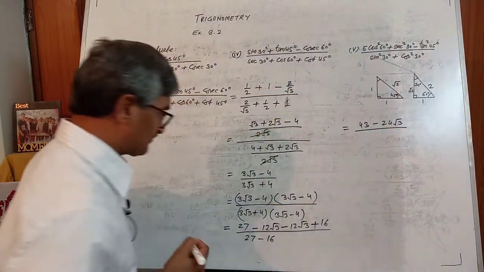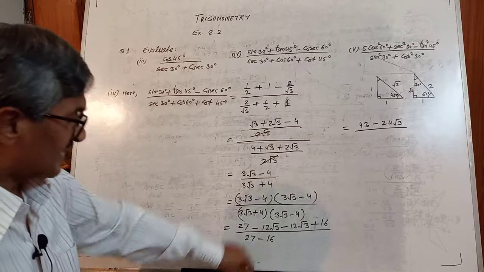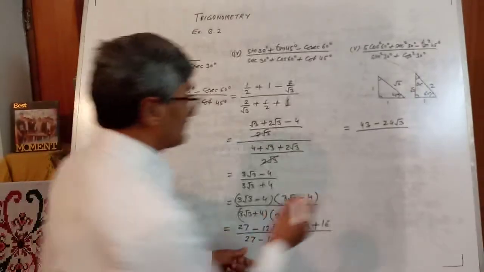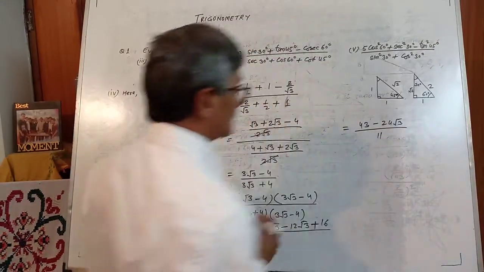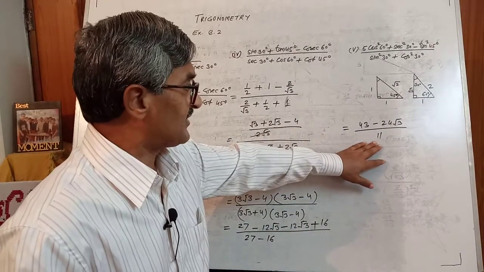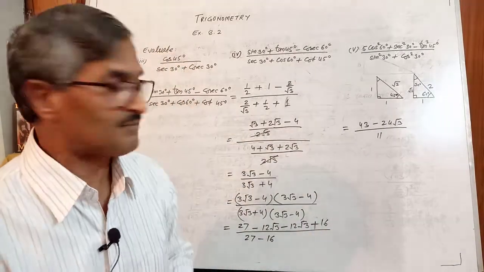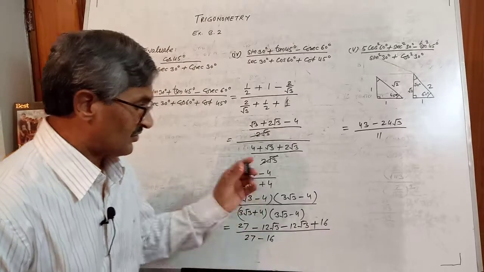Divided by, here it is the identity a square minus b square: square of 3 root 3 is 27, minus square of 4, 16, which is 11. So the numerator is 27 plus 16, that is 43, minus 24 root 3, divided by 11. Here the denominator is a rational number, so this is the answer. Note down this.